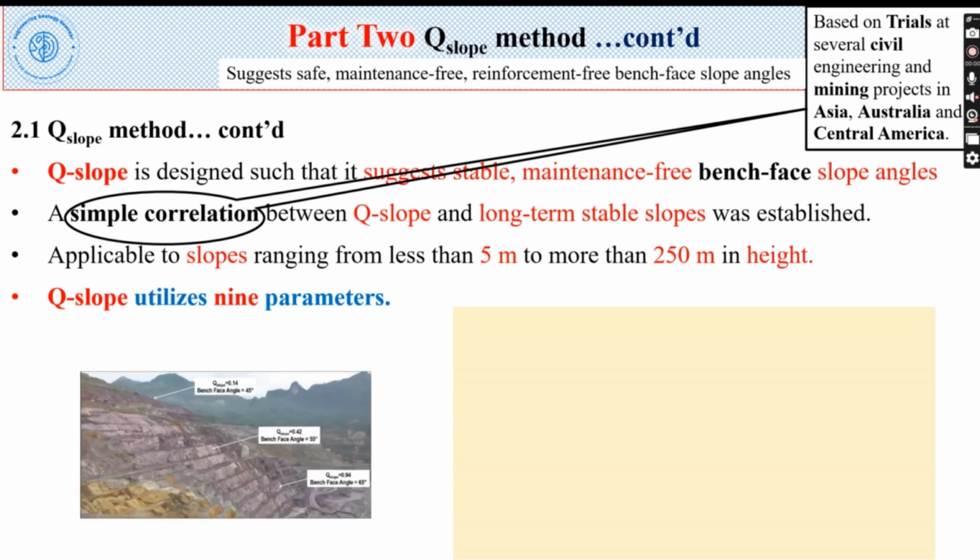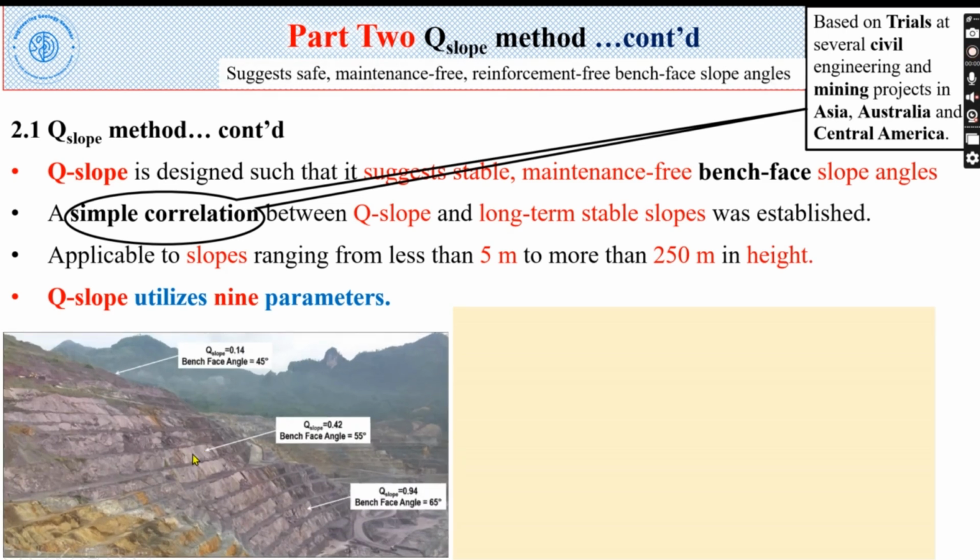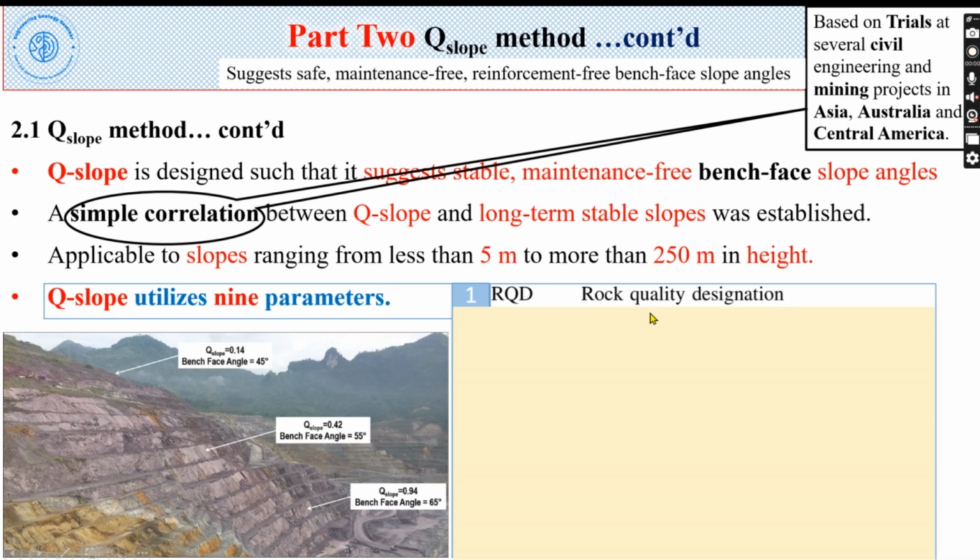Bench face like this. This is the bench face. Bench face stable slope angles like this will be determined using the Q-slope value. In order to determine the Q-slope value, we need to first determine the parameters required, and there are 9 parameters, and we will see these parameters one by one.